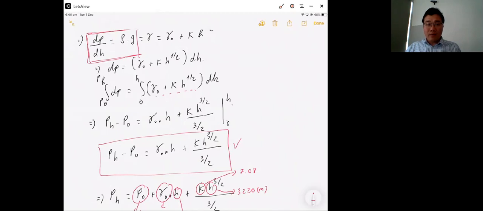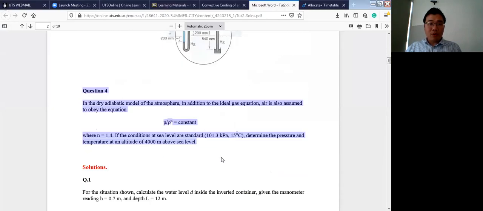In tutorial 2, we have one more question about density not constant. It's question 4, about the diabatic model of the atmosphere. In addition to the ideal gas equation, the atmosphere is also assumed to obey this equation.